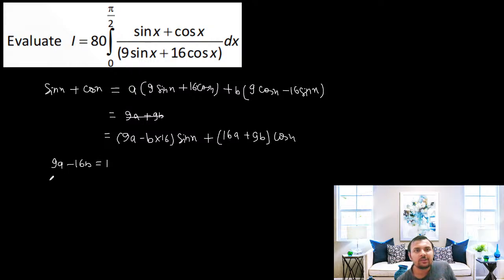This is one. 16a plus 9b equal to 1. We'll have to solve this. So we'll multiply first with 16. Multiply this with 9.